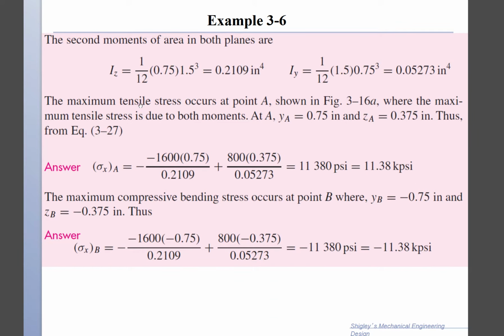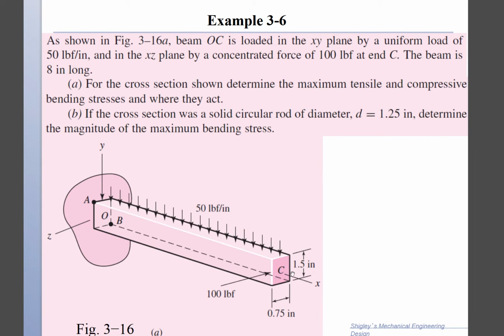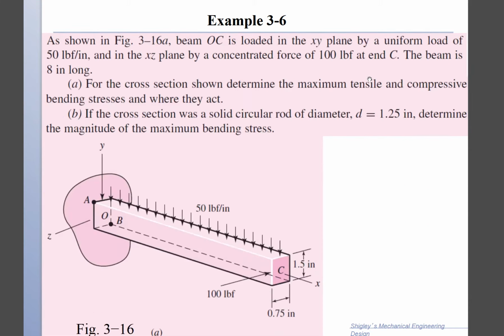In order to find the stresses, I find Iz, which is 1 over 12 b h cubed, where h is in the y direction, because it's Iz. And then Iy is 1 over 12 b h cubed, where h now is in the z direction.